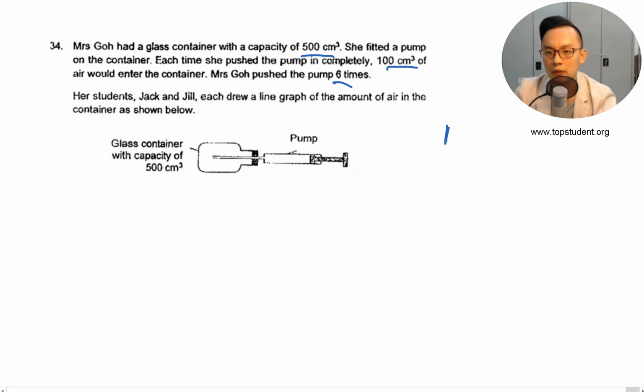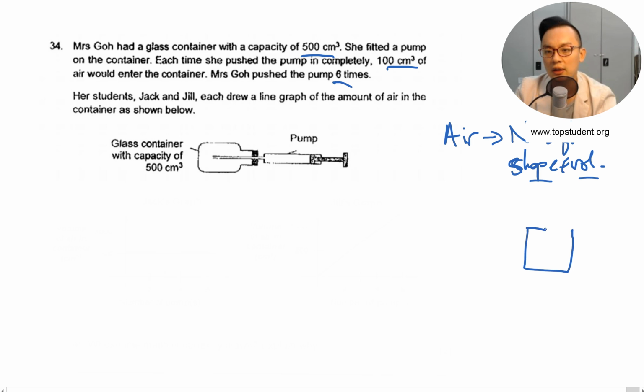Now, what is the thing about air? Air has no definite shape or volume. What does no definite shape and volume actually mean? It means if I have a container over here and I pump in air, let's say this container is 100 cubic centimeters.